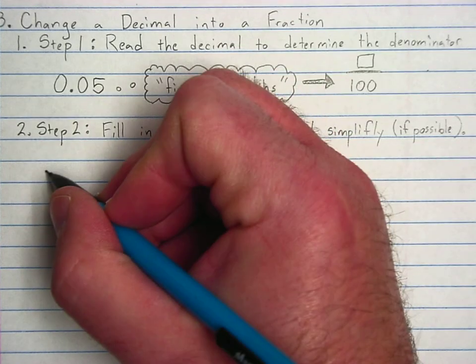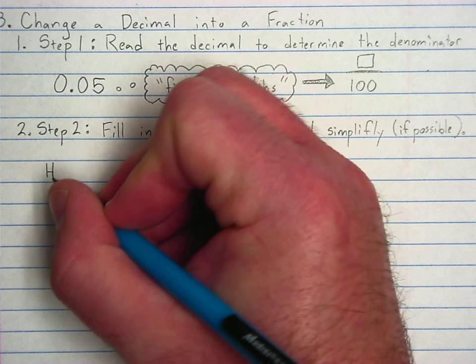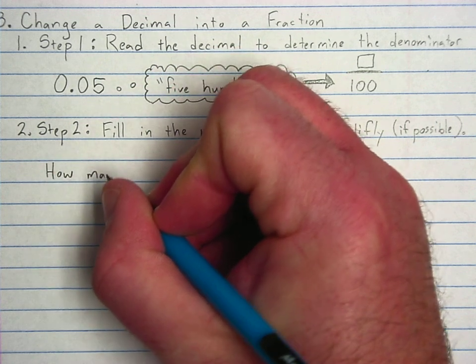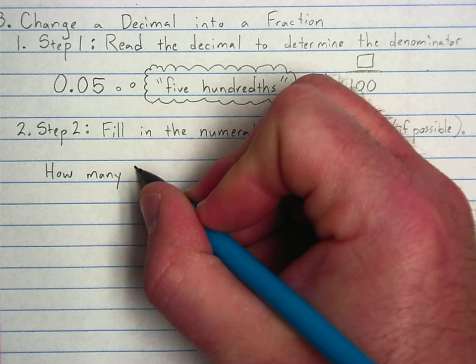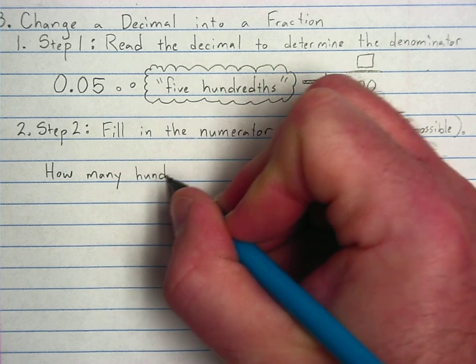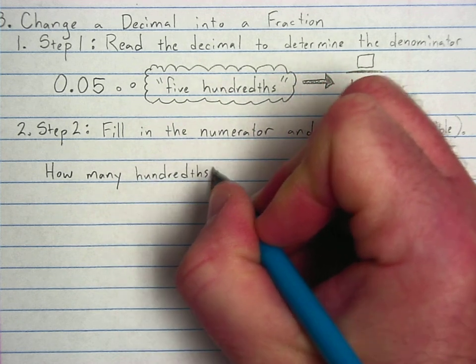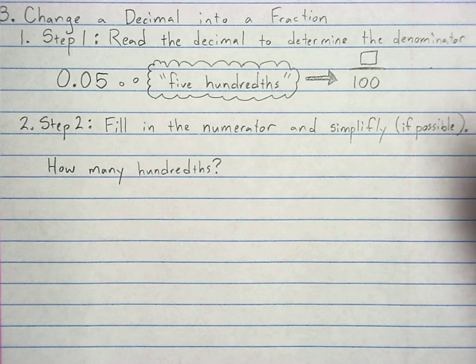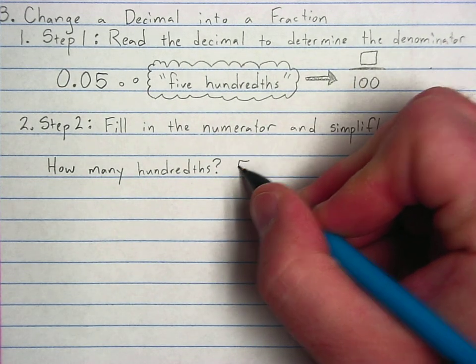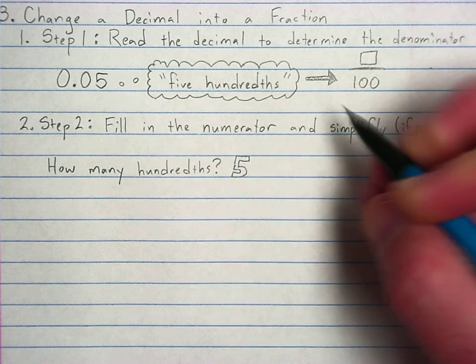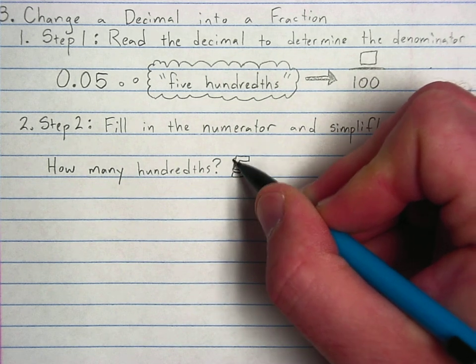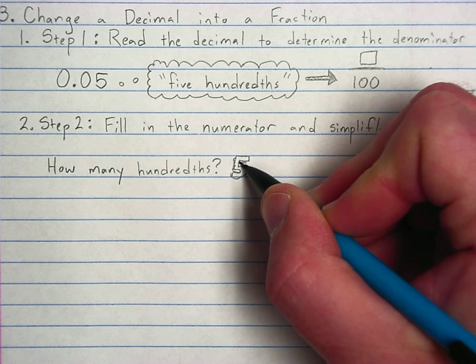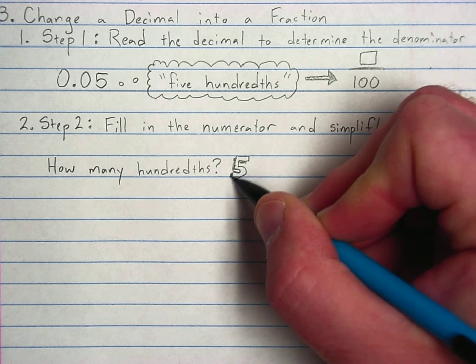Okay, so I continue thinking to myself, we know it's hundredths. How many hundredths? And this is one of those times where I assume many of you are screaming at the screen, it's 5. I know it's 5. Just write the 5. Well, there's the 5. Put some nice shading on there.